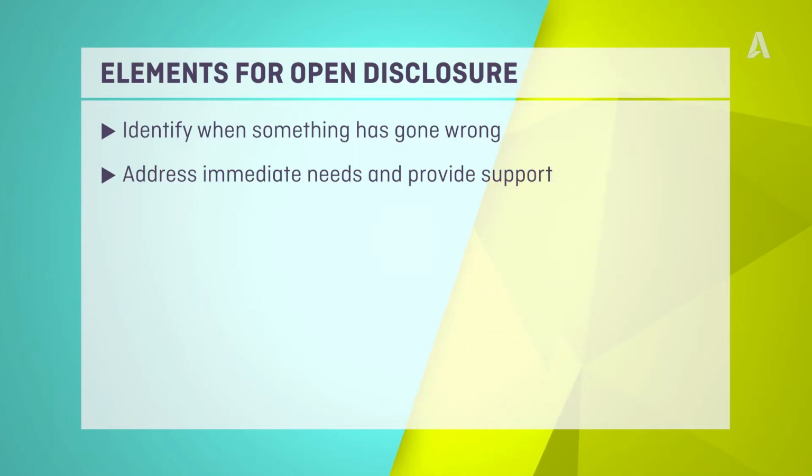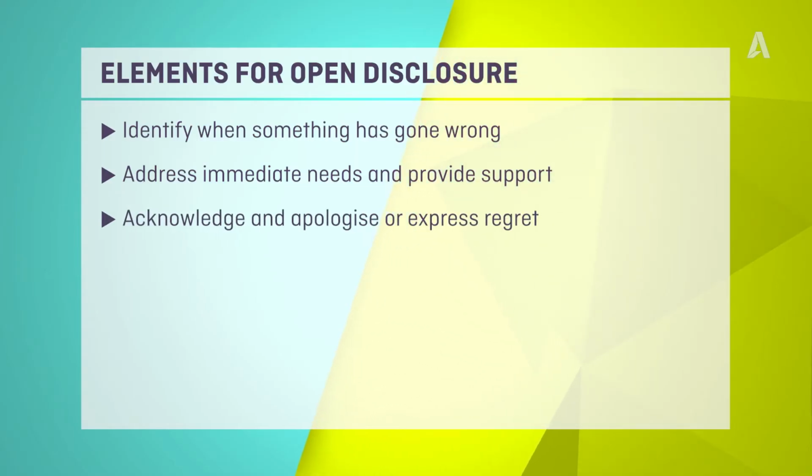A really important part of the open disclosure process is acknowledging what's gone wrong and apologising for it. That doesn't necessarily mean apportioning blame or taking legal liability for something that's happened, but it's about a sincere acknowledgement of the experience that that person has had and the impact that the experience has had on them, and an expression of regret for that.